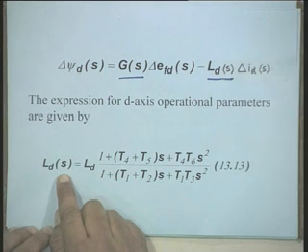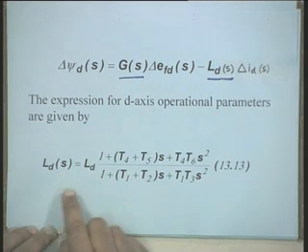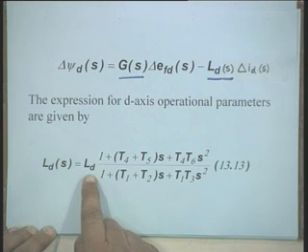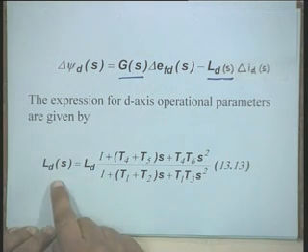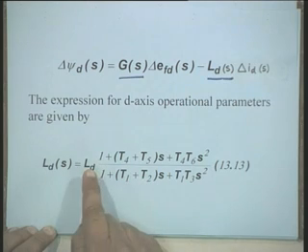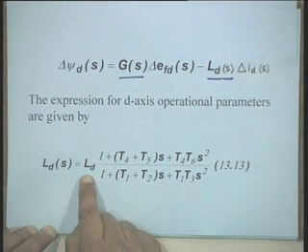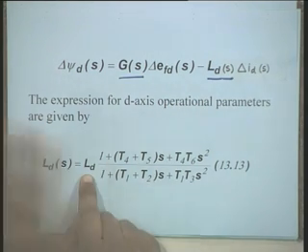When I substitute s equal to 0, then this L d s will become equal to L d. That is, this operational inductance for s equal to 0 will become L d, that is, your direct axis synchronous inductance, because at that time the currents are under steady state conditions, these sustained conditions.